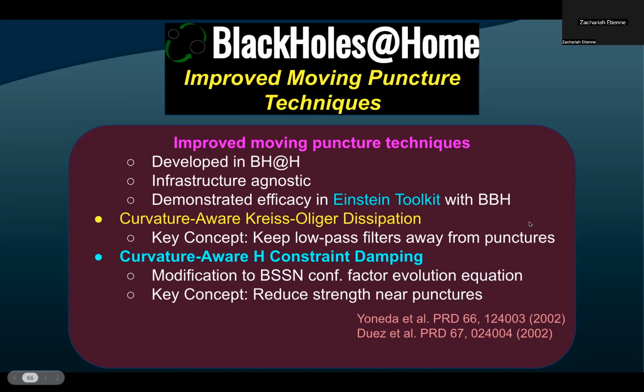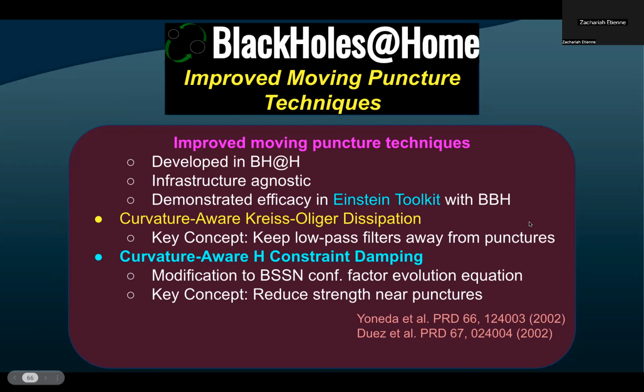Curvature-aware Hamiltonian constraint damping. This is a modification to the BSSN conformal factor evolution equation. And again, this is actually a parabolic term, so it's another low-pass filter, just like Kreiss-Oliger. And the idea again is you don't want to apply low-pass filters to regions where you have really strong, really sharp space-time fields, where you actually like to have the space-time fields be sharp.